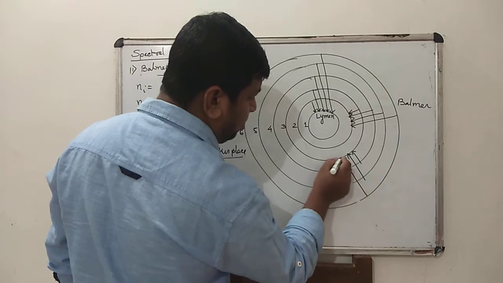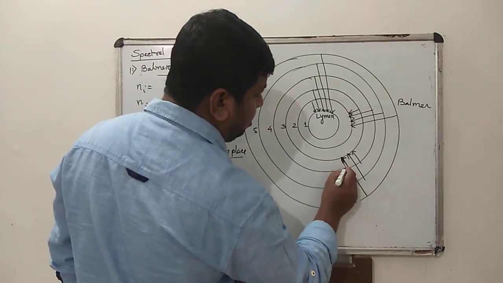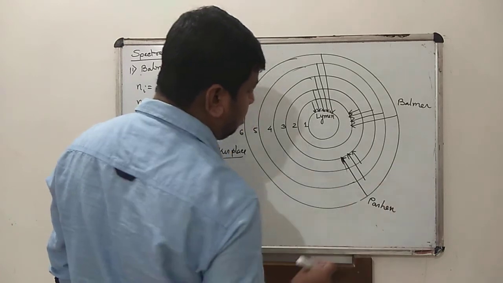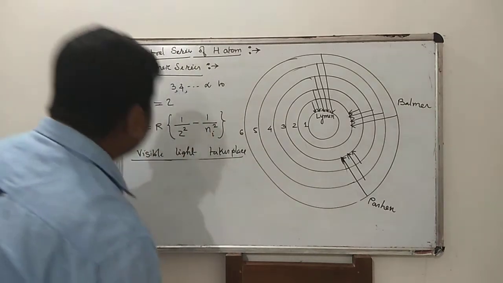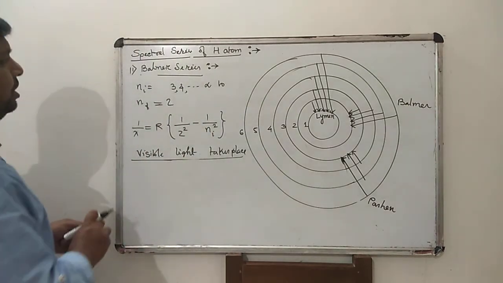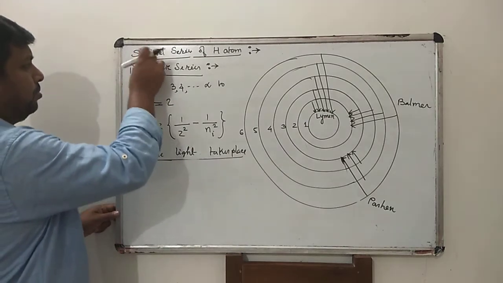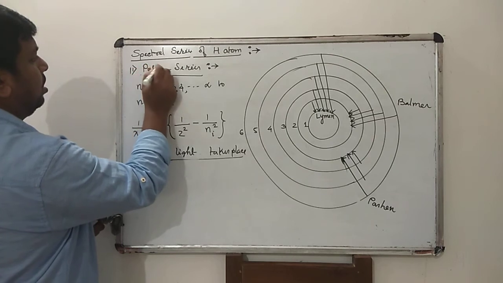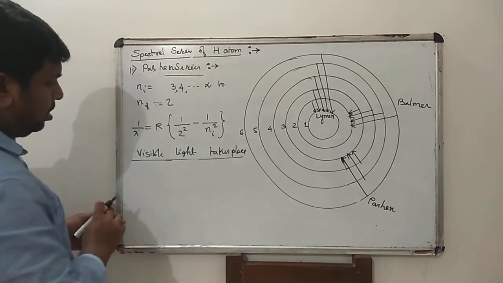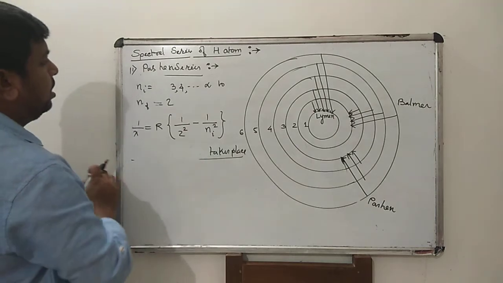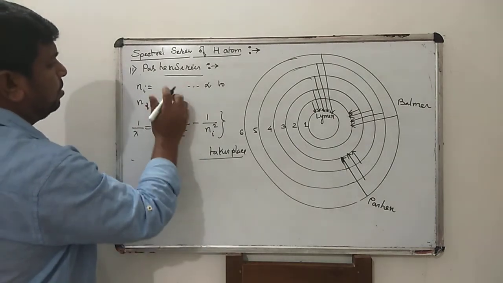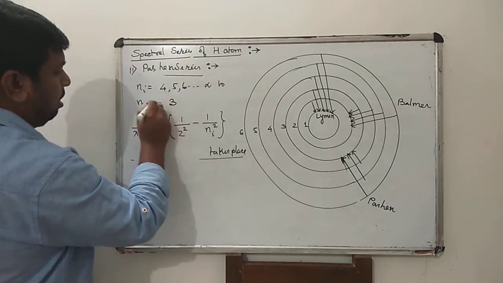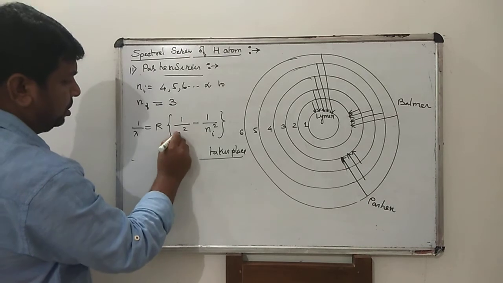Okay, so in the case of the Paschen series, what happened? Starting from 4, 5, 6 to Nf equal to 3, then it becomes 3 square.